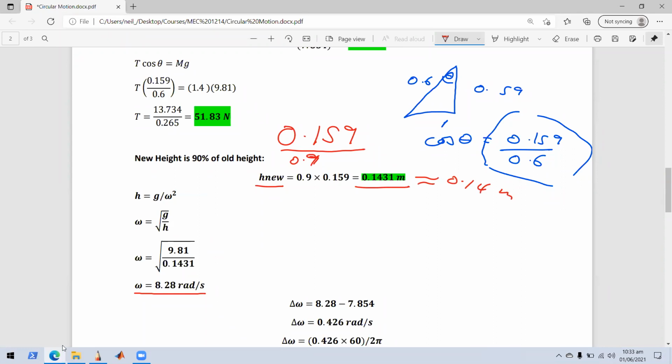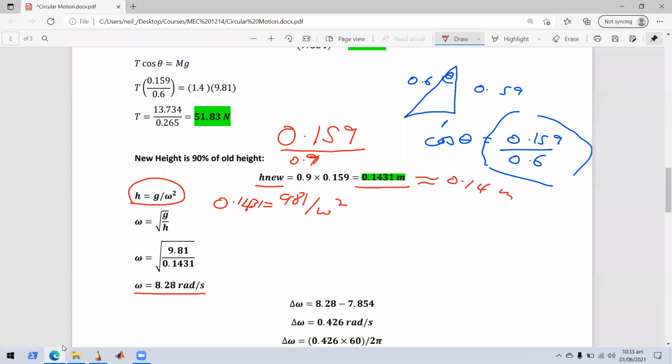Now with this new height, we can plug that into our old formula, H is equal to G divided by omega squared. We can plug this new H in, 0.1431. If you want to keep the decimal places, we know gravity again as 9.81.